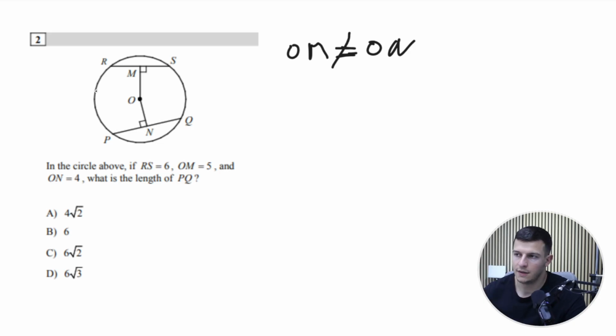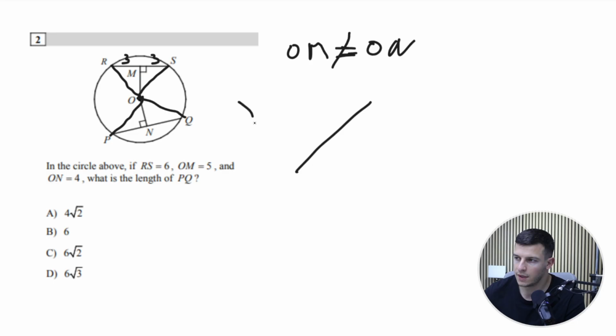Again, always in these questions you can start thinking in terms of a triangle, and then things will get easier. What do we know? We know RS is 6, which means each of these sides is going to be 3. What else do we know? OM is 5. Okay, actually let me do it here.